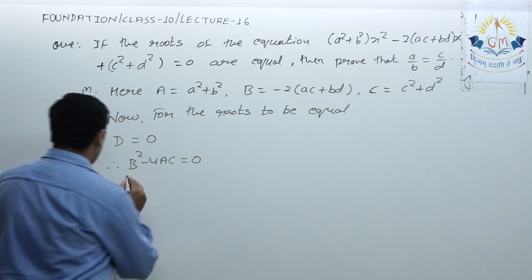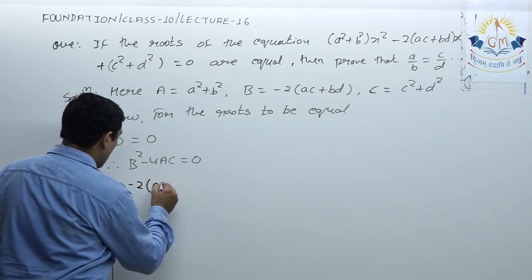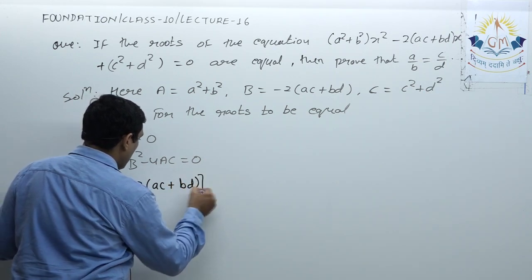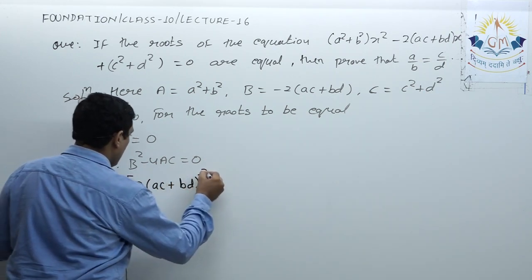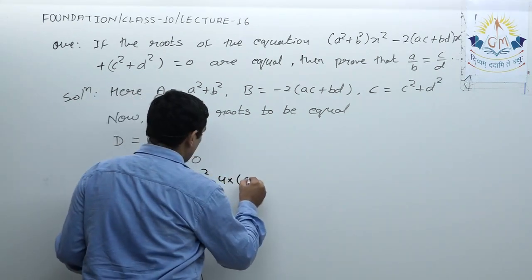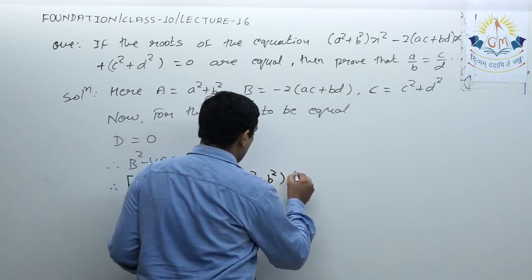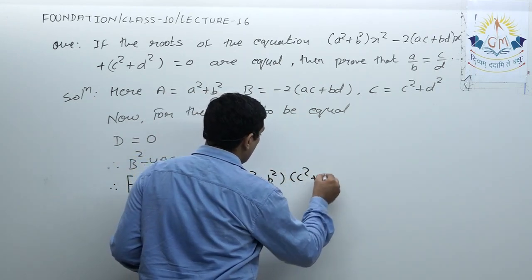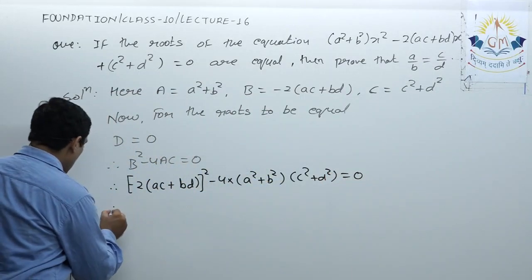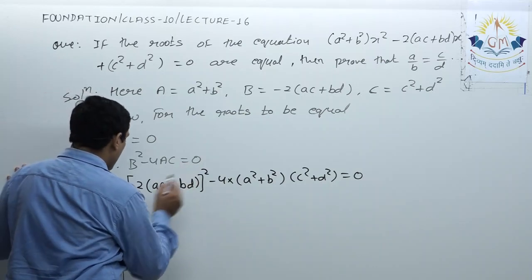Now we'll put the values of A, B, C. So here, minus 2(ac plus bd) whole square, that is B square, minus 4 multiplied by A, that is a square plus b square, then C, that is c square plus d square, is equal to 0. Here we have to expand it by applying the identity of (a plus b) whole square.